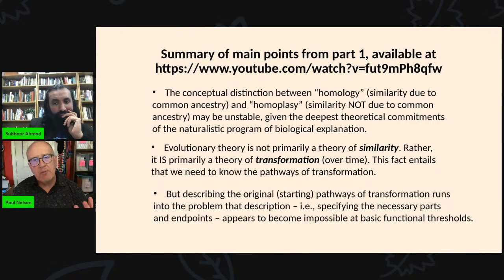We arrive at what I'm calling basic functional thresholds beyond which we cannot see. And this ends up being a problem for evolutionary conceptions of homology. So those were the main points of part one, and I'm going to elaborate on the third point today.